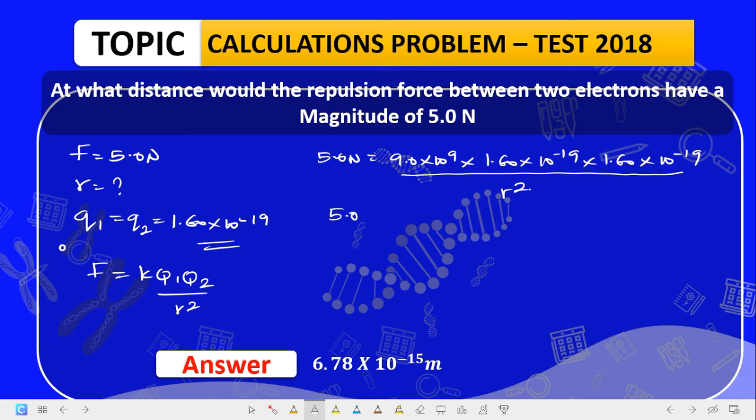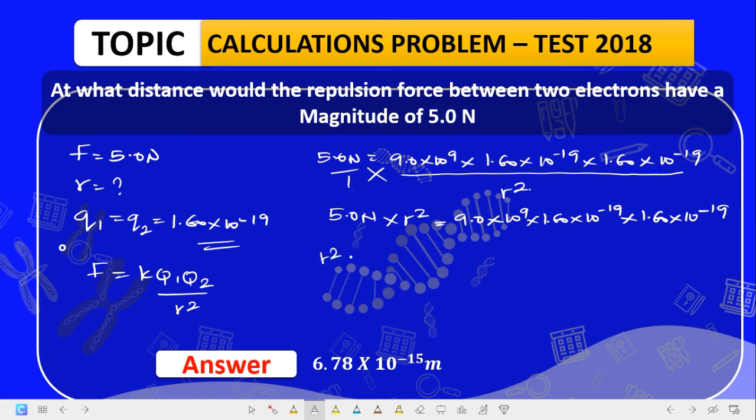So this becomes 5.0 Newton. If we cross multiply, r squared times this is equal to 9.0 times 10 raised to the power of 9 times 1.60 times 10 raised to the power of minus 19 times 1.60 times 10 raised to the power of minus 19.